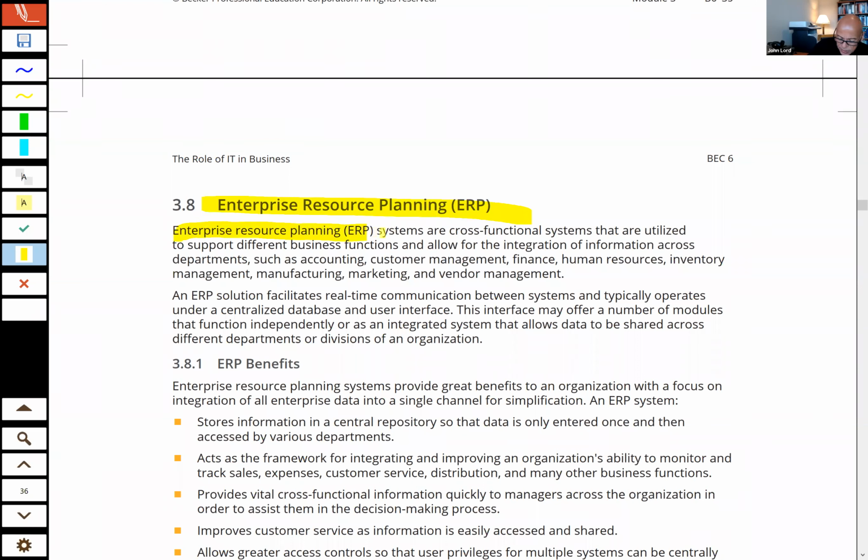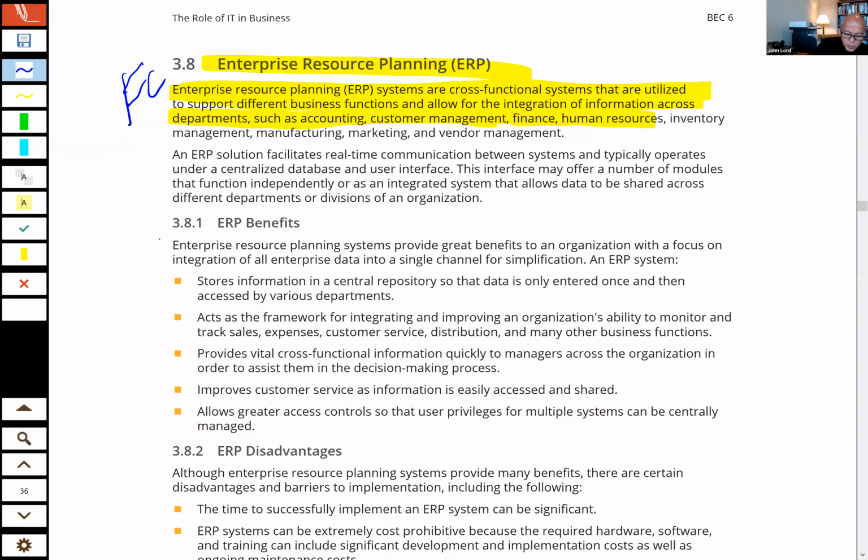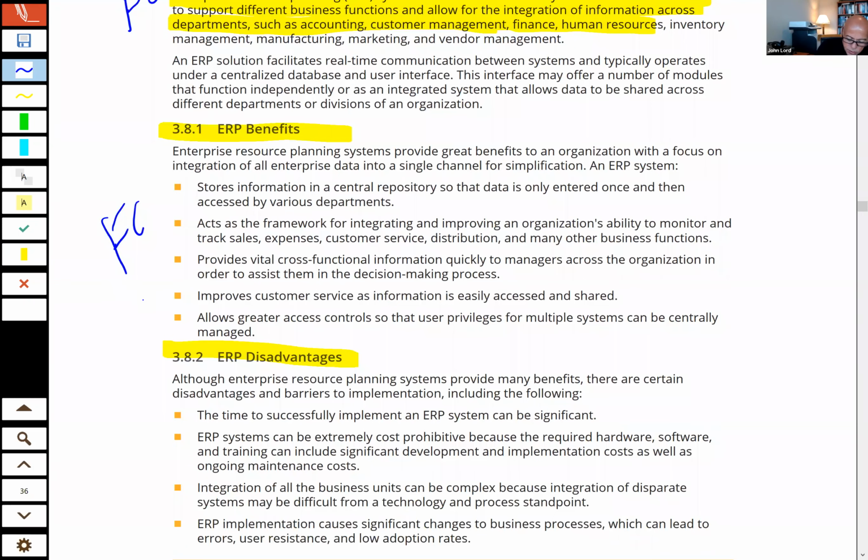Enterprise resource planning systems are cross-functional systems that allow for the integration of information across various departments such as accounting, customer management, finance, human resources, etc. Okay, so why don't you go ahead and put that flashcard for the definition, and then here comes our advantages versus disadvantages. So we're going to go ahead and flashcard these. Advantages, disadvantages. And let's just go ahead and take a look at some of the detail here.